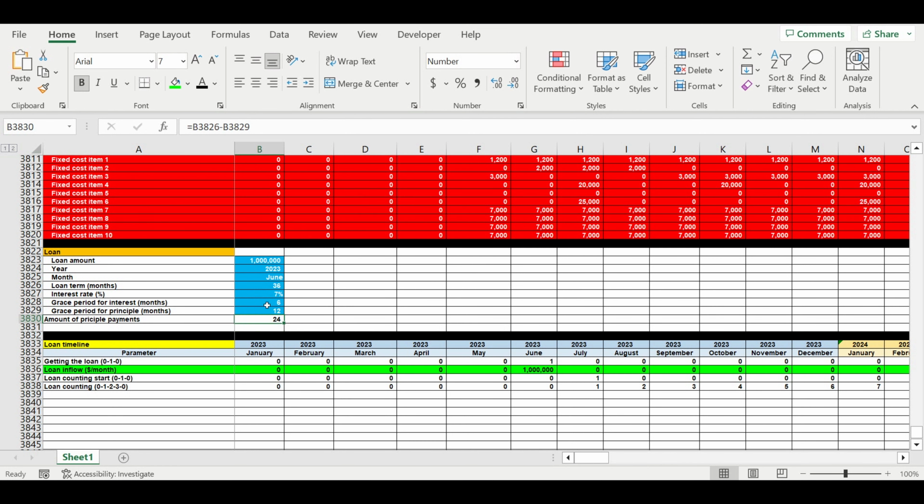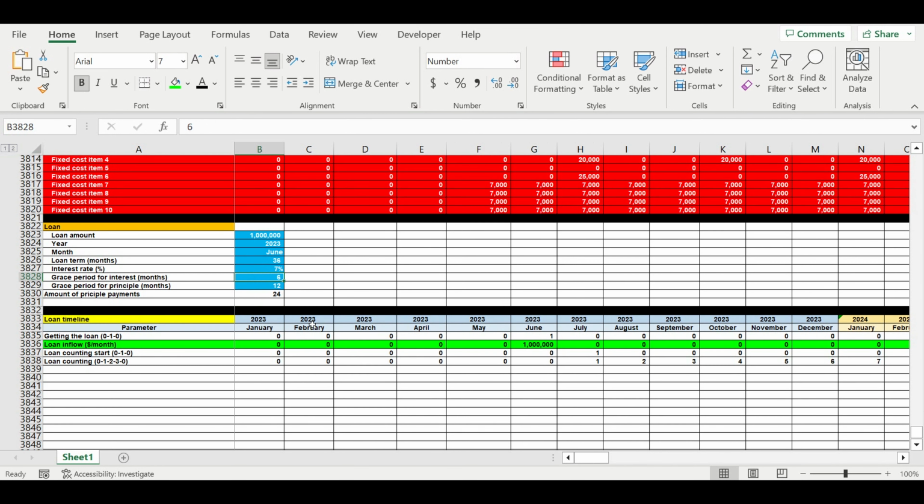So the principal payment, in dollars per month, will be $1 million divided by the amount of payments.